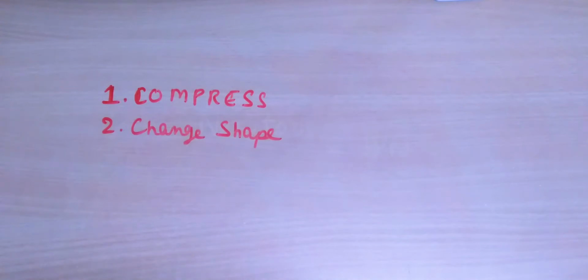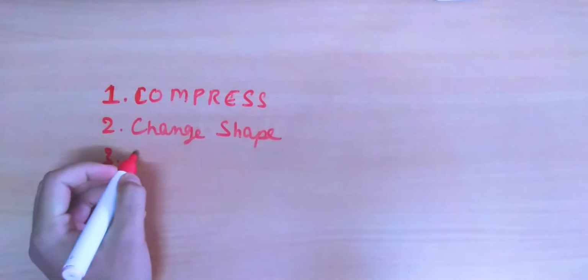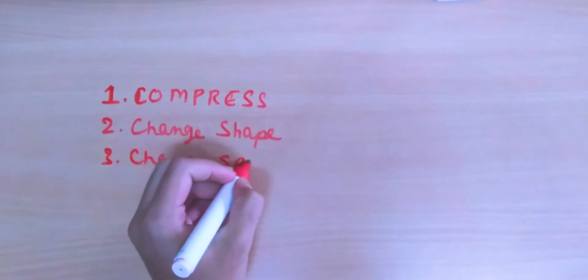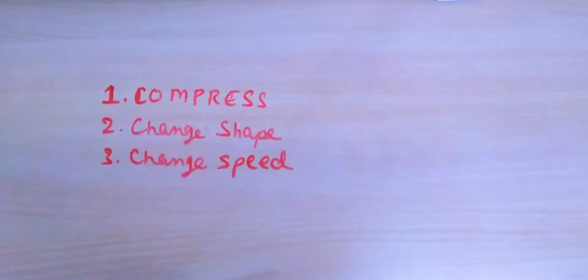Now another very prominent and easy to observe effect of force is to change the velocity or change the speed of objects. So I can change the speed of objects, and let me show that here. So how do I see that?